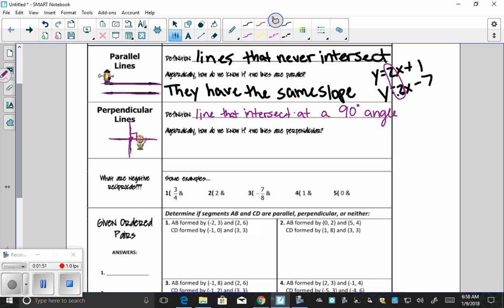Algebraically, you will know that they are perpendicular if they have negative, and I misspelled negative, sorry, reciprocal slopes.